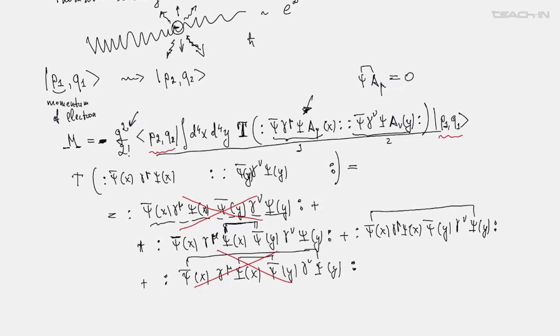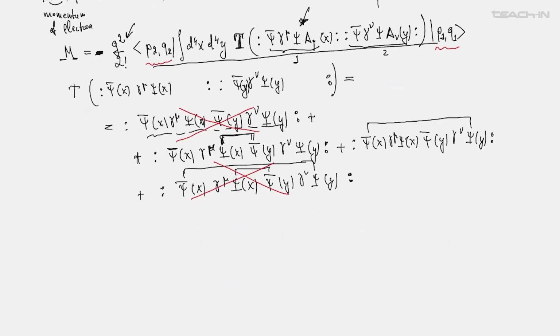And we know what these pairings are, because each of these pairings is just a Feynman propagator.